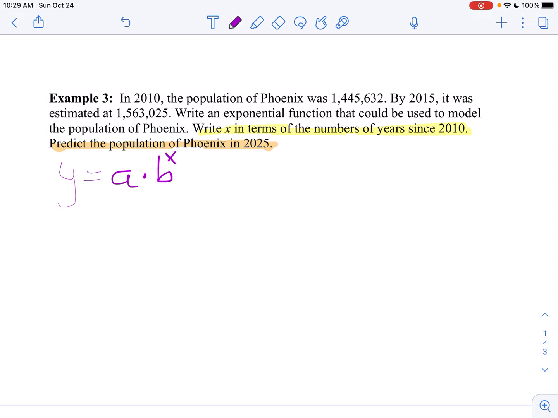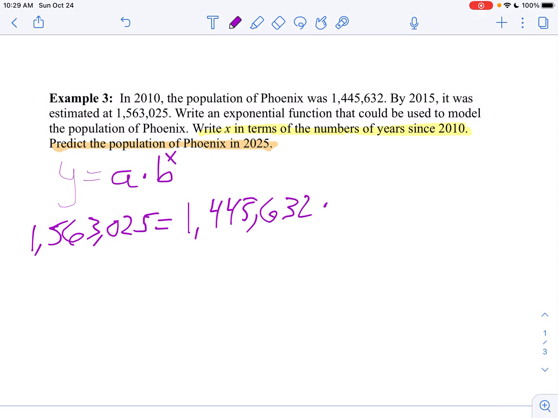So I'll say 1,563,025 equals our starting population, 1,445,632, times, I don't know what b is. That's my growth rate. That's what we're going to find out. And we're going to raise that to, well, how many years is it from 2010 to 2015? Well, that would be 5 years.